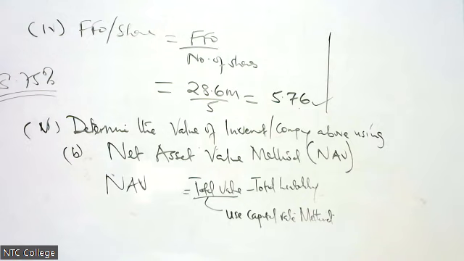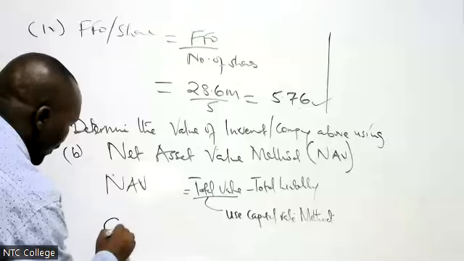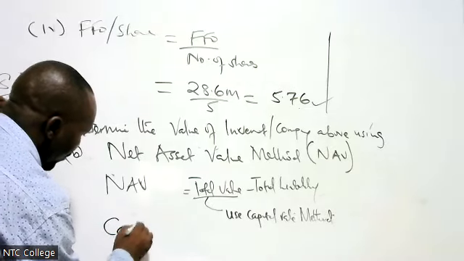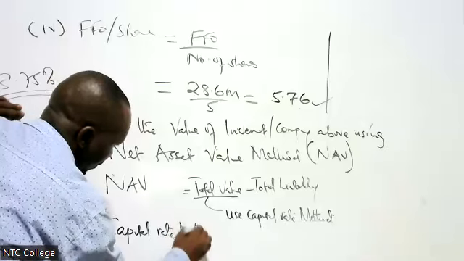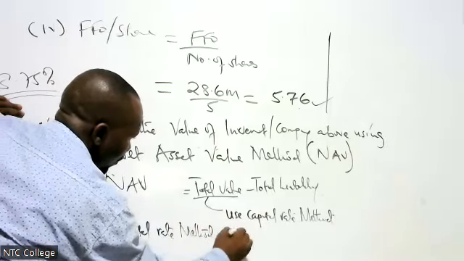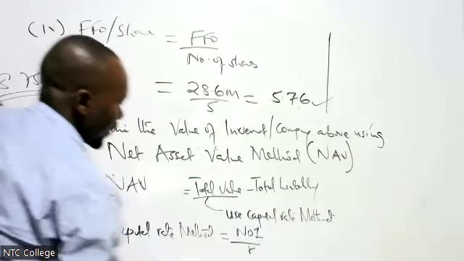So you can add that somewhere under additional information. So with this, you can use the capitalization rate method, which tulifanya jana, value is equal to NOI all over capitalization rate.